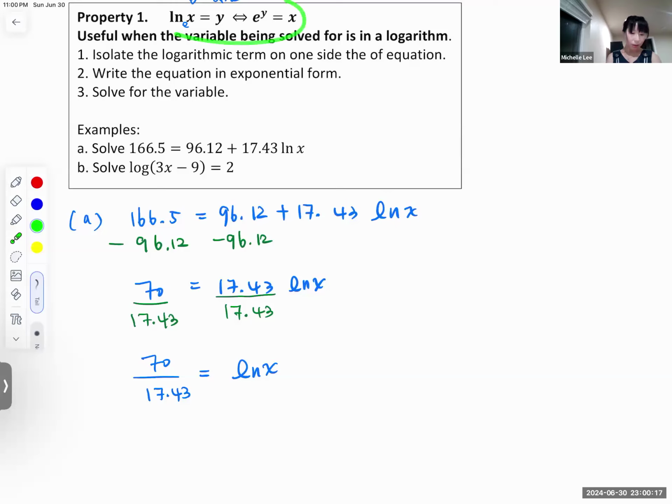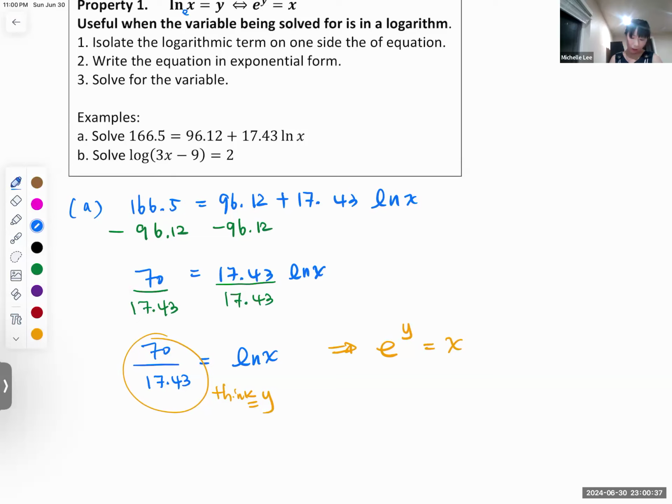So following that, think this is y, right? So we have e to the y equal to x. There will be e to the 70 over 17.43 equal to x, yeah?